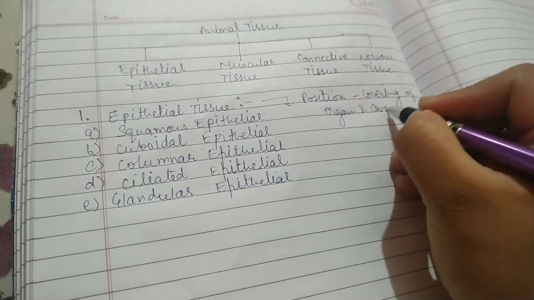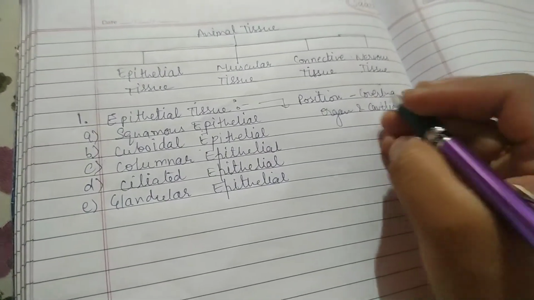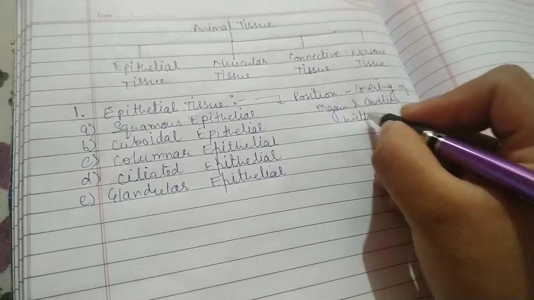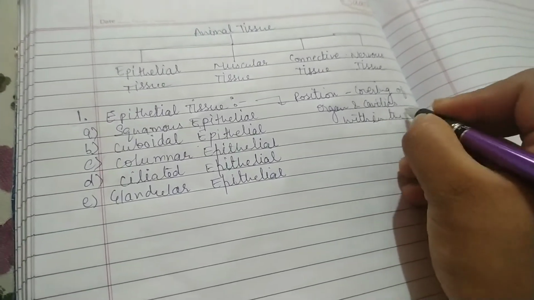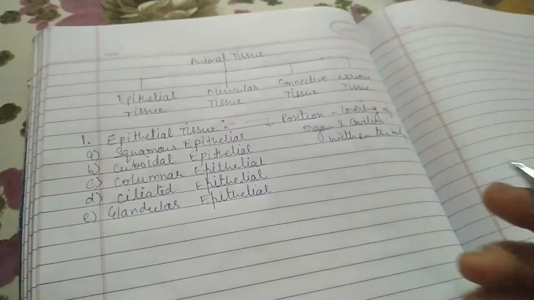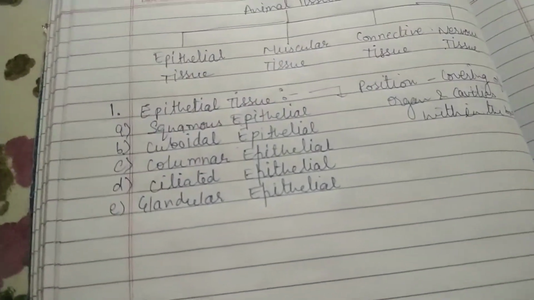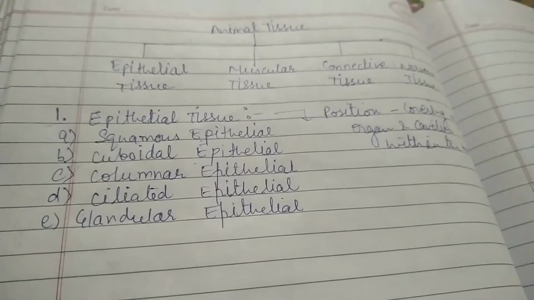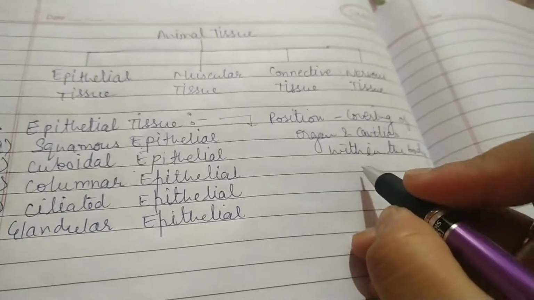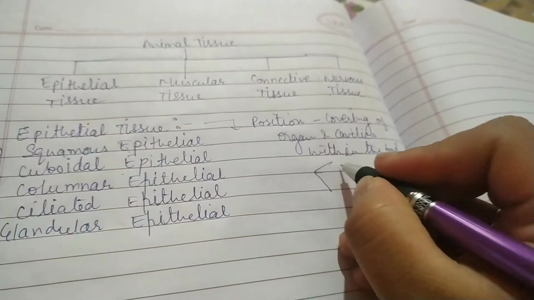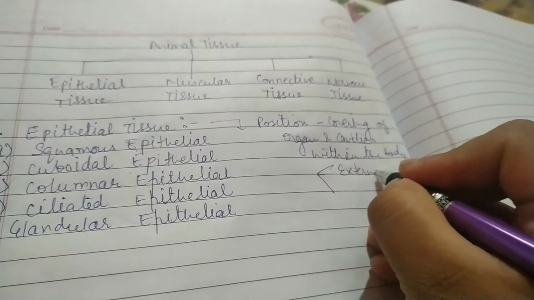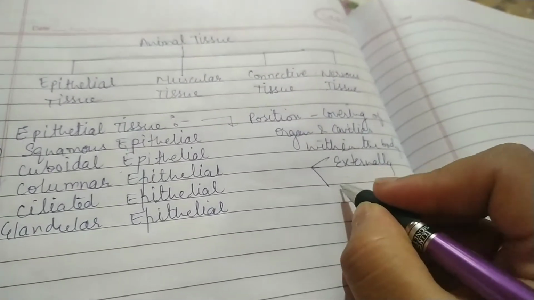It is also found in cavities within the body, like in our stomach cavity, right? In our stomach cavity the epithelial tissue is found. So you can say that it is found externally as well as internally.